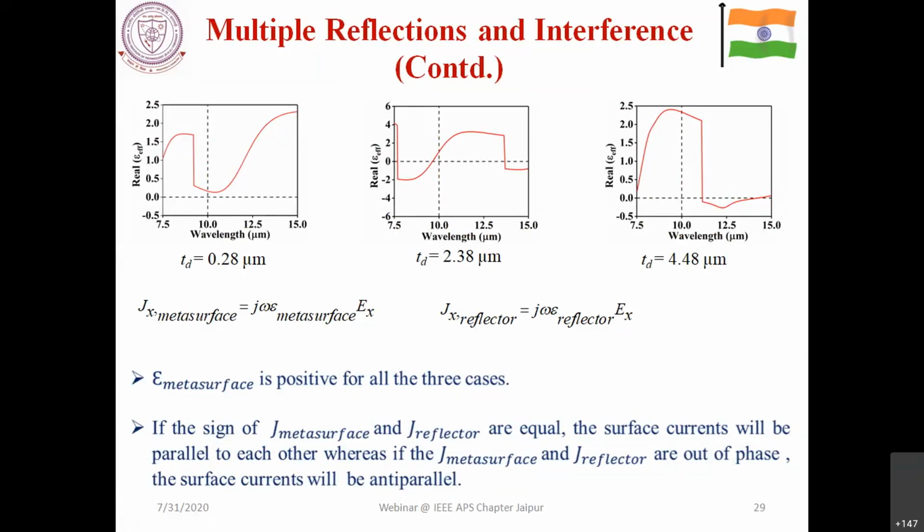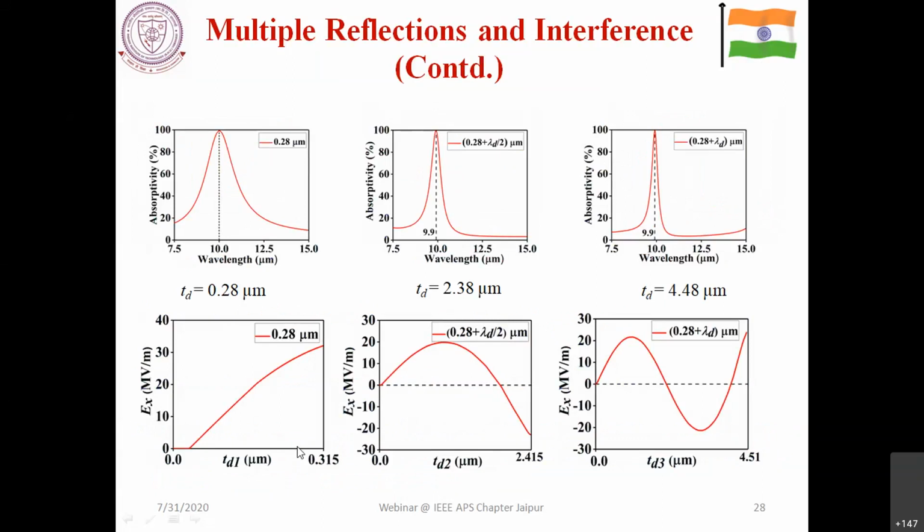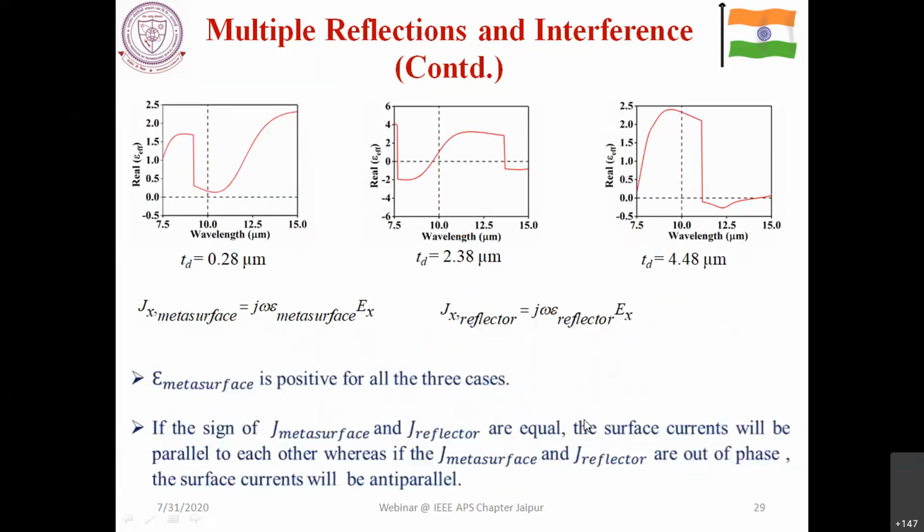On the contrary, in the middle or second case, the Ex are of opposite signs. If one is positive, the other is negative. Epsilon reflector is also negative, so negative into negative becomes positive, and epsilon metasurface is positive.